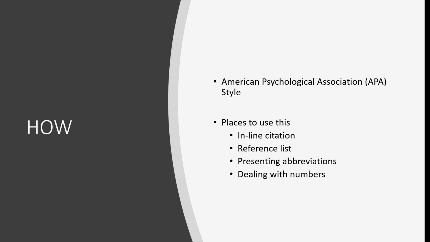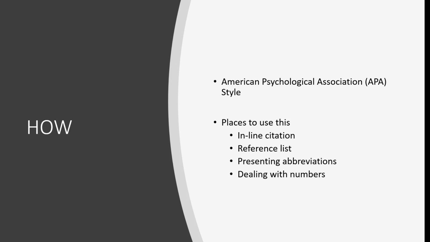And while there are lots of things about the American Psychological Association's formatting that will apply to your assignments, I'm going to suggest to you that there are 4 key areas that you need to get on top of right from the very start. And these areas are when we provide these inline citations, that is identifying the source of the material.